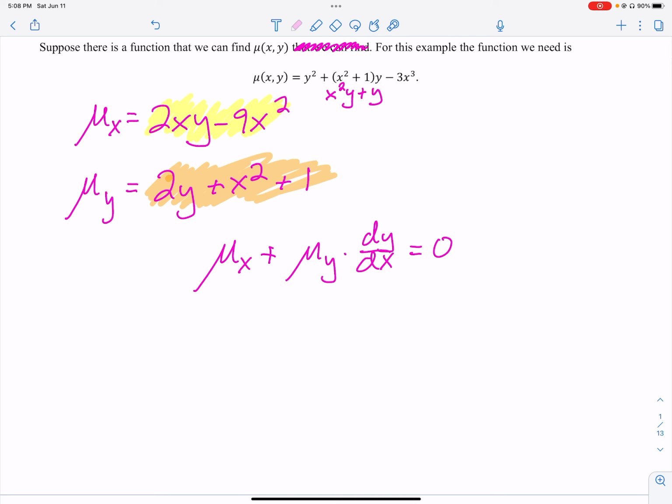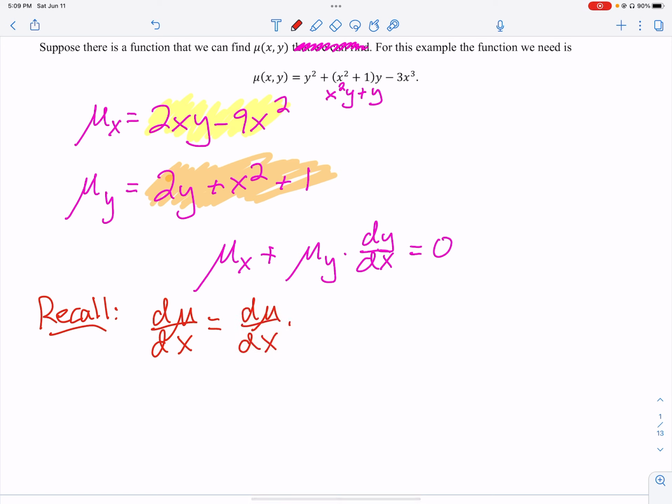I want you to think about something, and maybe this is a review for you and you're not seeing it. Recall that if I have a function, and we'll call it mu, and I take the derivative of mu with respect to x, the way I can do this is a chain rule, and it feels silly, but I have d mu over dx times dx, all right? Actually, it starts out not d, and this is the part that's different for Calc 3, it's the partial of mu with respect to x, and then we times it by the partial of x over dx.